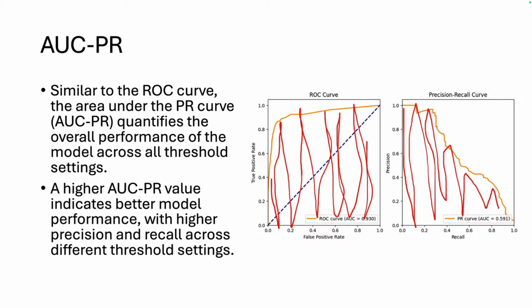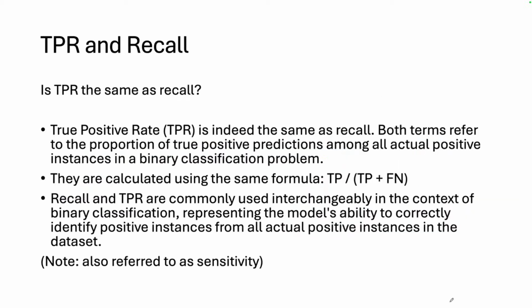So similar to the ROC curve, we can take the area under the precision recall curve, and that will give us one metric that represents the performance of the model across all these threshold settings. Of course, it's a metric that we want to maximize. A higher AUC PR value indicates better model performance, and a lower one is worse performance.